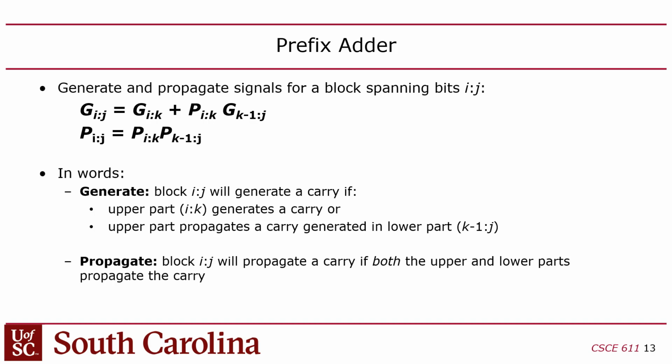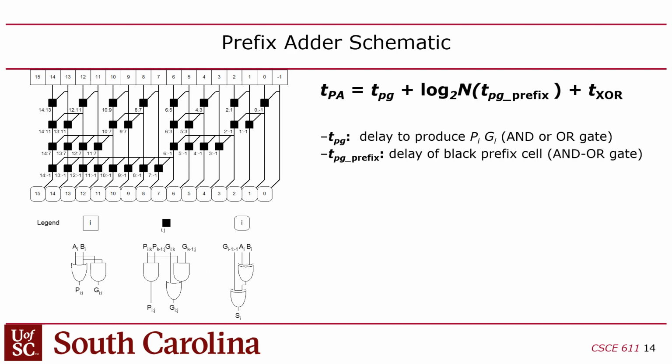So it's G i down to j and P i down to j, but G i down to j can be built up from G i down to k and G k minus 1 down to j. Does that make sense? You guys with me? So basically, you're calculating the propagate and generate for a range of bits by combining together 2 other blocks that are both adjacent to one another. Does that make sense?